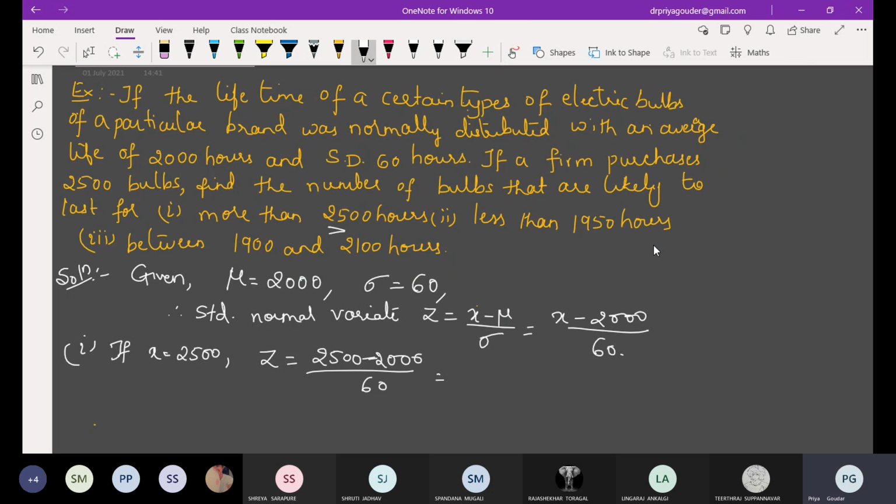What is the value? 8.33. Is this example solved?